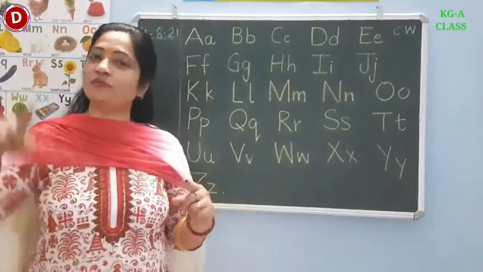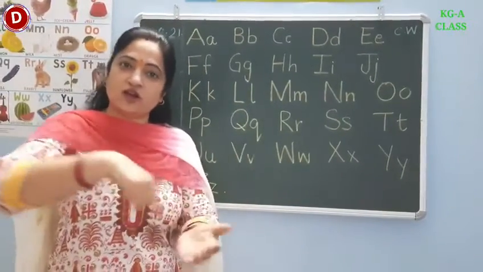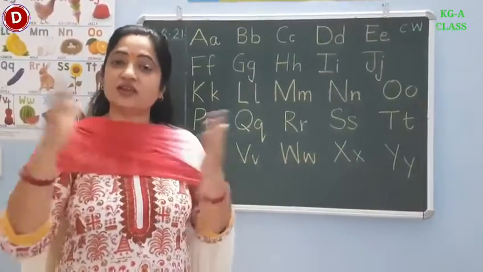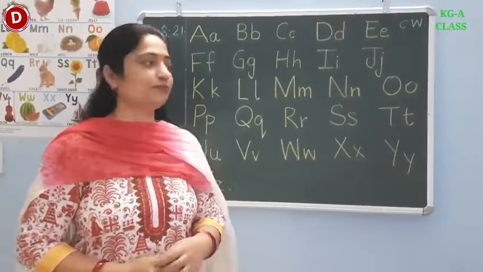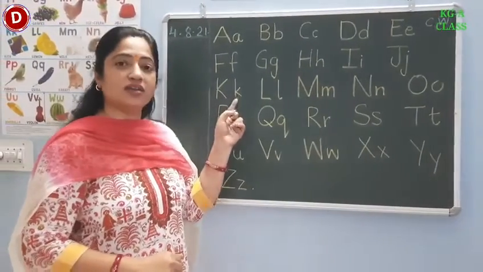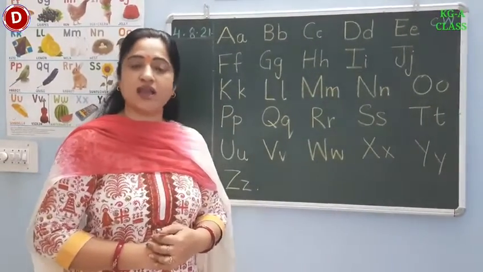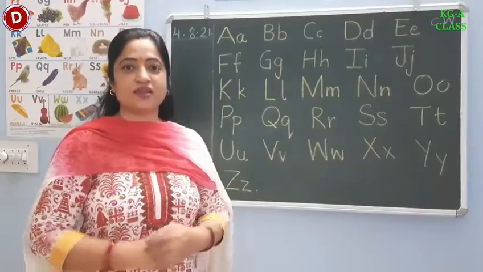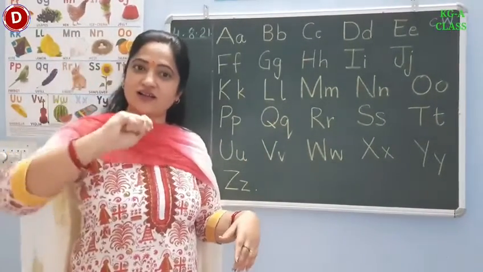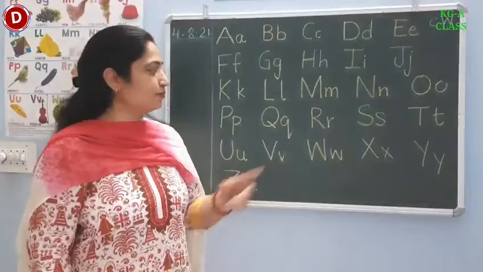Jelly and jam, jiggling on the plate. Oh, what will I eat with it? J. Children, this is capital K and this is small k. K says k and this is kicking k. Kites are flying in the sky. So K says k.